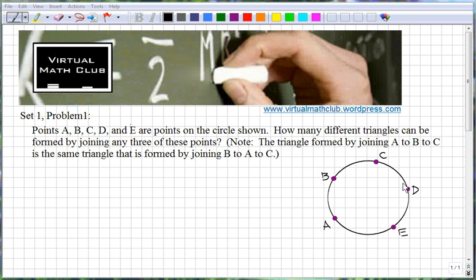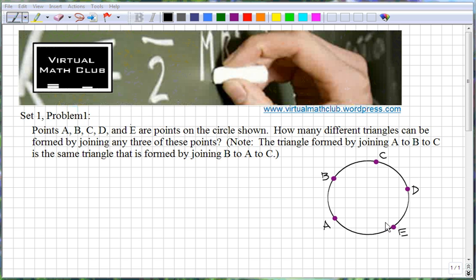Another way to look at the problem is to recognize that whenever you choose 3 points to include in a triangle, you're automatically leaving out 2 of the points. So the number of ways that you can choose 3 points from 5 is the same as the number of ways that you can choose 2 points from 5. Okay?